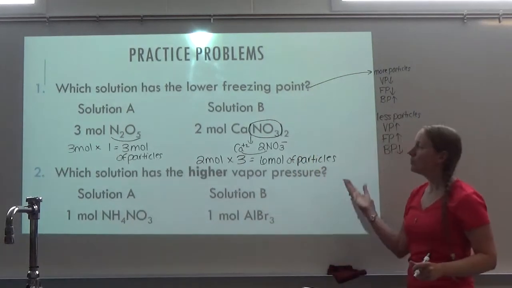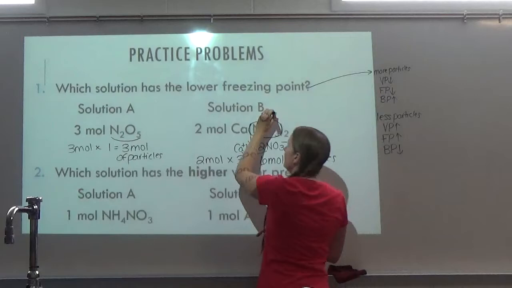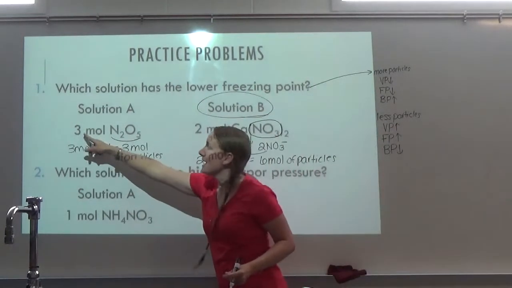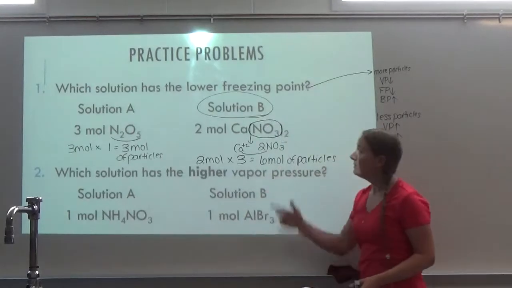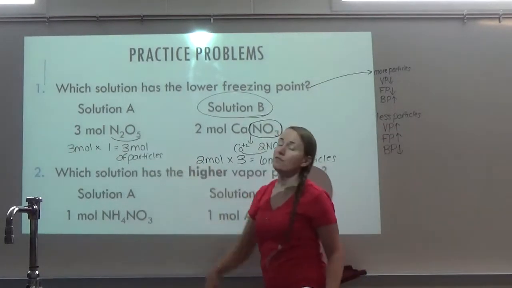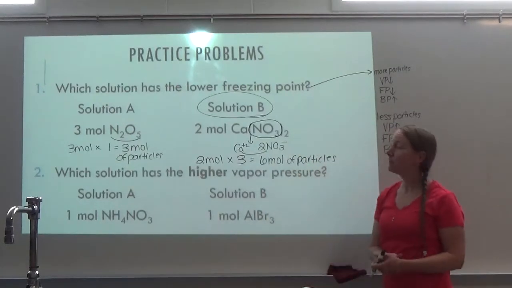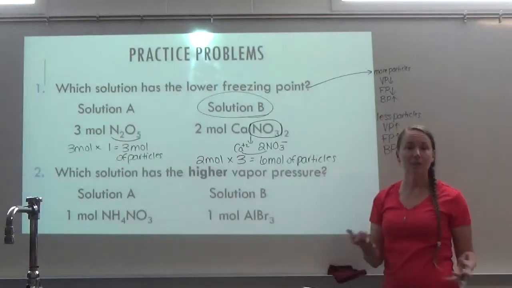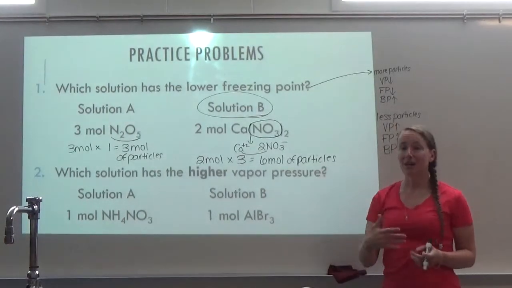So see, now that I broke it up, solution B actually has more particles, even though solution A has the higher amount of moles, because calcium nitrate breaks apart, whereas N2O5 does not because it's molecular. All right, so you have to be careful of that. Look for either a polyatomic ion, because that will break up, or look for a metal and a non-metal.